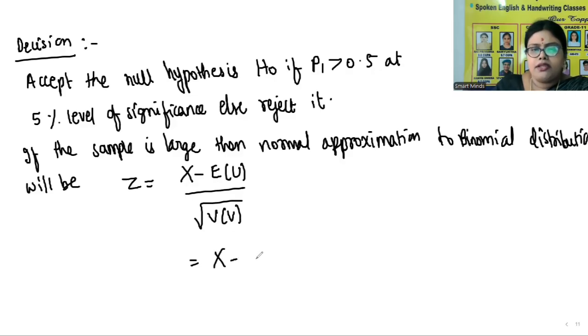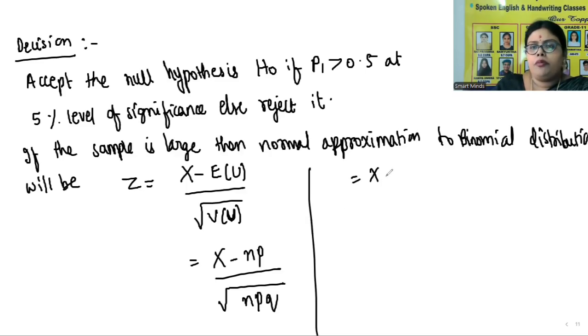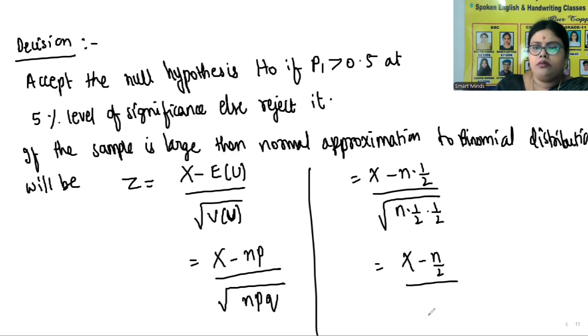That is x minus E of u, which is np, by root over V of u. What is V of u? V of u is npq. So now we put p and q as 1 by 2. So x minus n into 1 by 2 by root of n into 1 by 2 into 1 by 2. That is x minus n by 2 by root over n by 4.